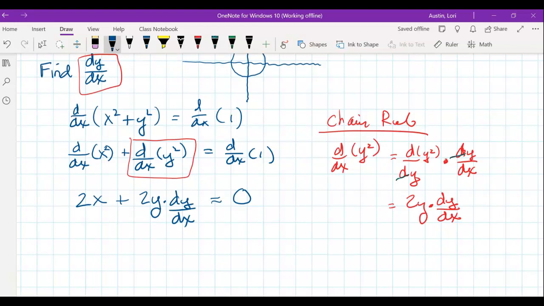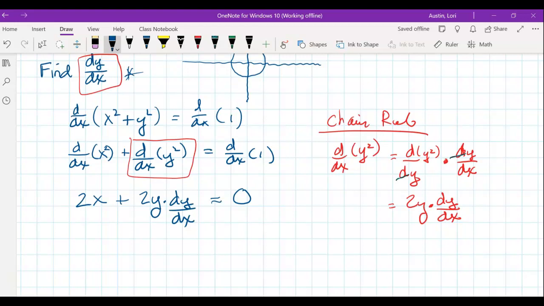So what does that look like in my final problem? Well, every time I'm working on a y, I'm going to have a dy dx attached to it. But that's okay, because guess what our final step is? What did we need to do in the first place? Find dy dx.